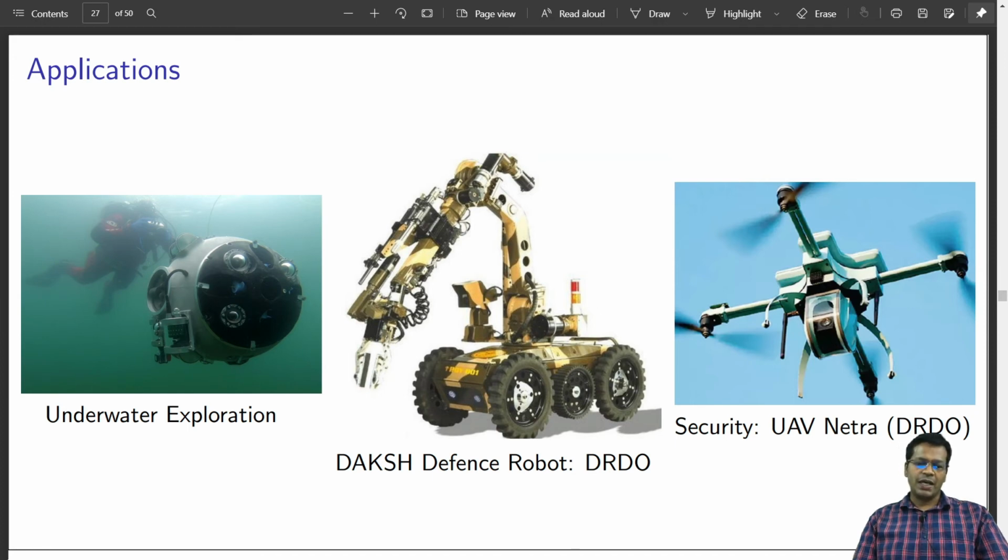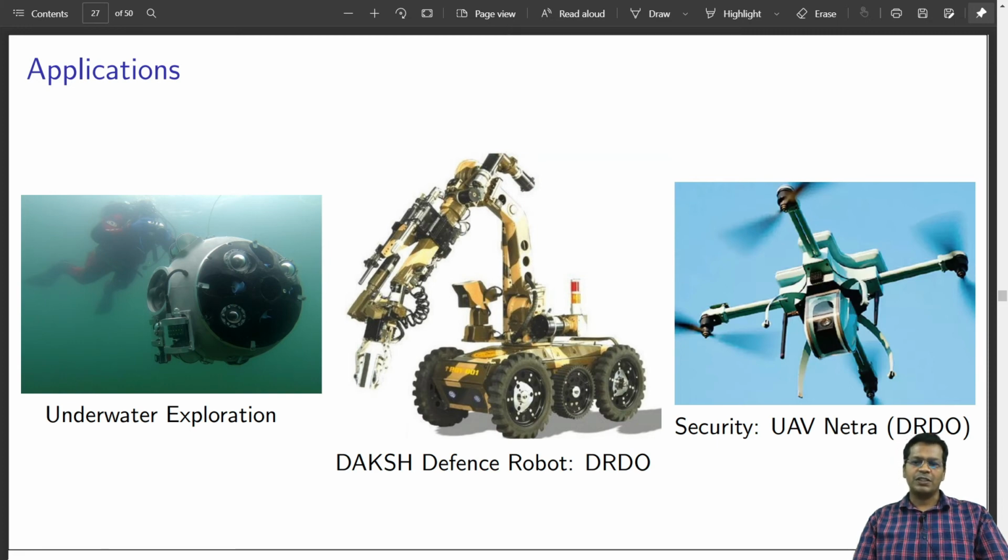You see, this is a Daksh defense robot, also developed by DRDO India. It is used for bomb defusion. This is the one which I was talking about. It's a dangerous task. A human puts their life at risk to defuse a bomb. So this robot can go there and defuse a bomb. This is the UAV Netra, again developed by DRDO India.